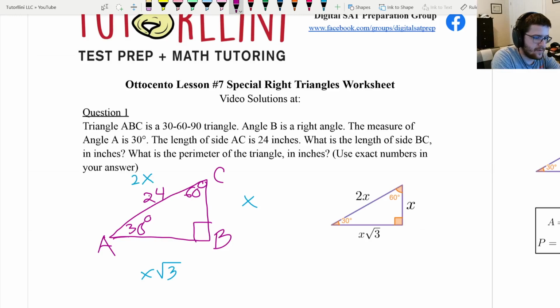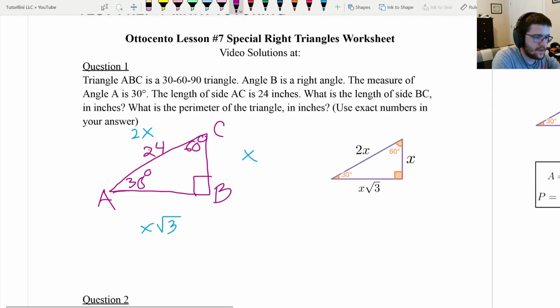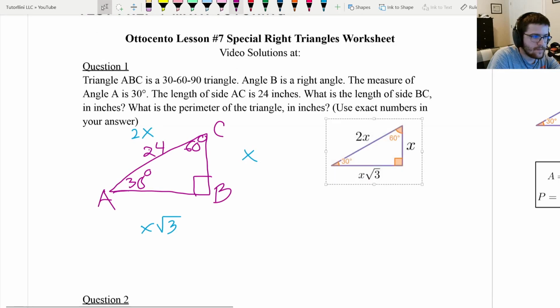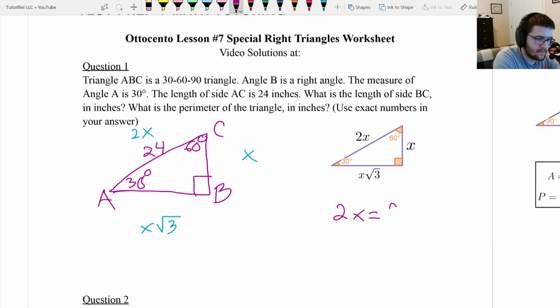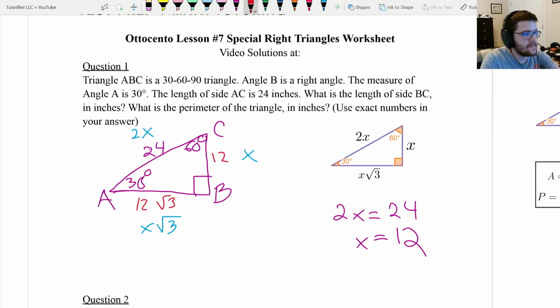Okay, I see right away that 2x equals 24. So let's write that down. Divide both sides by 2 and we get x is 12. So these sides are 12 root 3 and 12.